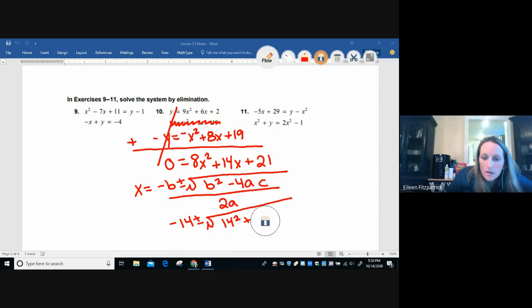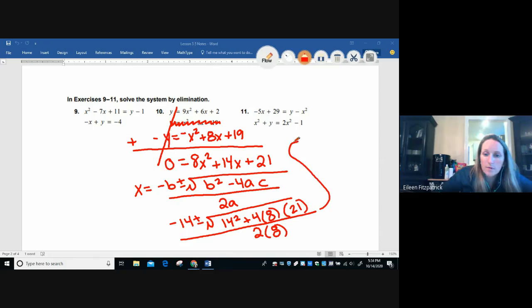So plus 4 times A, which is 8, times C, which is 21, all over 2 times A, which is 8. Okay. So when I simplify, I'm going to have negative 14 plus or minus.